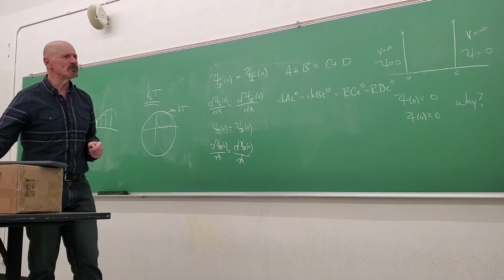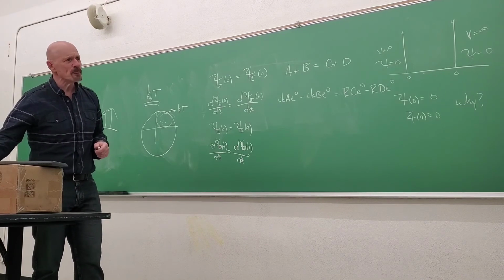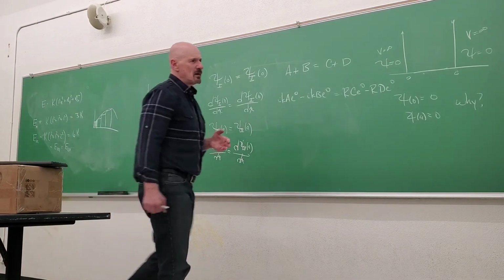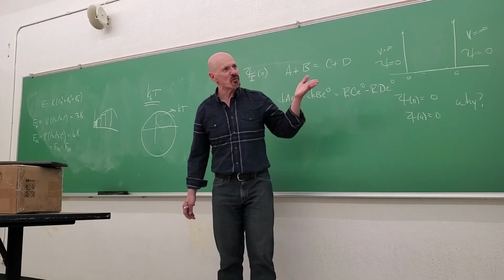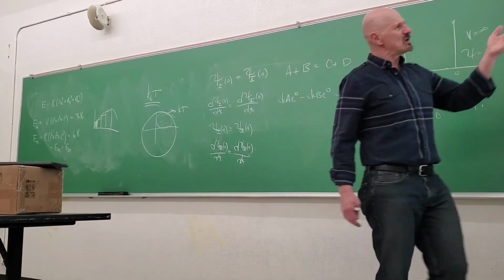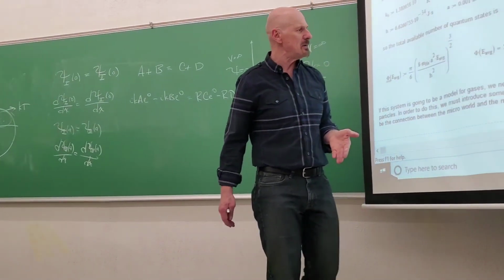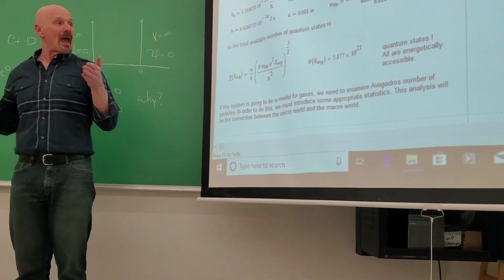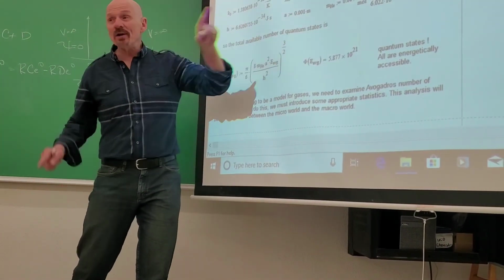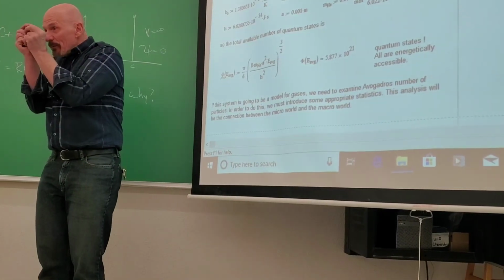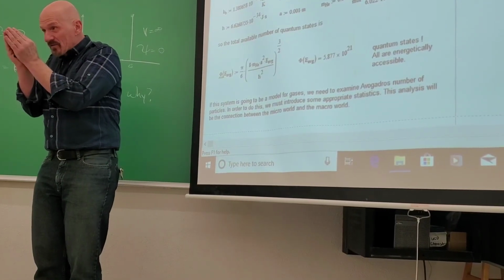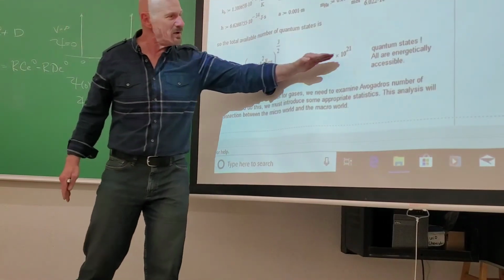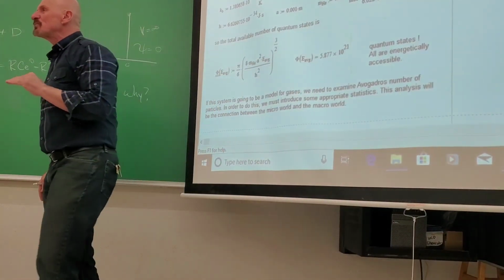I find that for an energy average of kT at 300 Kelvin, the number of quantum states in a 1 cubic millimeter by millimeter by millimeter box is about 10 to the 21st quantum states.